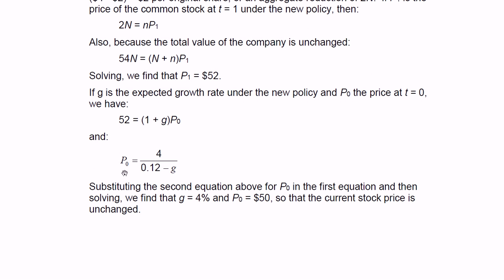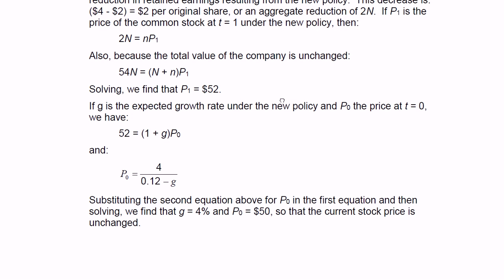And we also have the perpetual growth model in which the dividend is $4 and the required rate of return is 12%, and this is the growth rate we want to get.